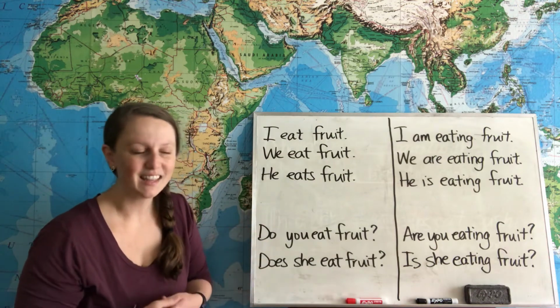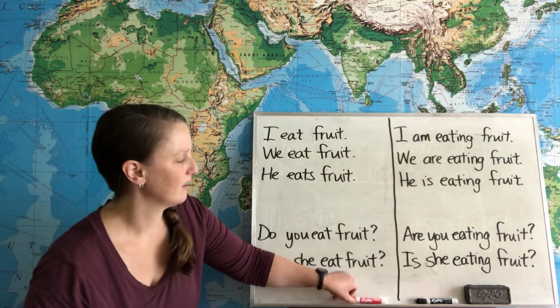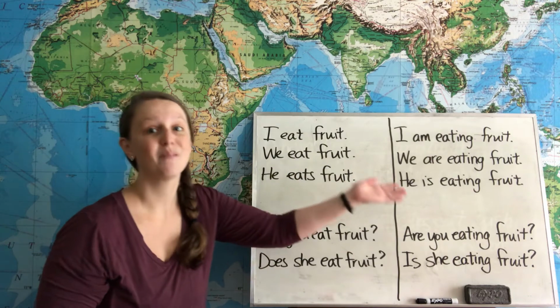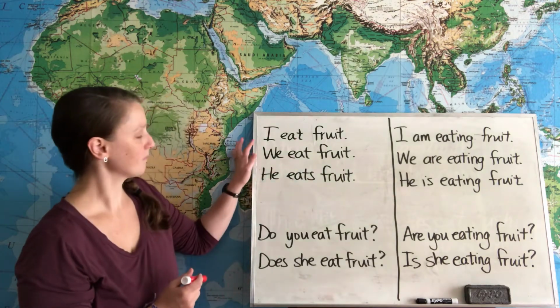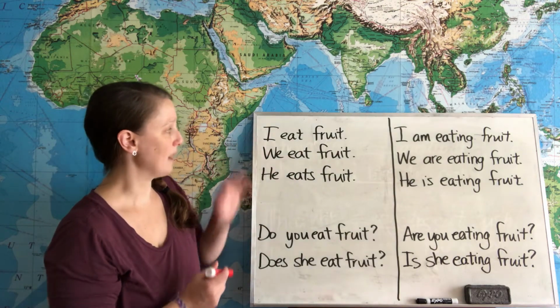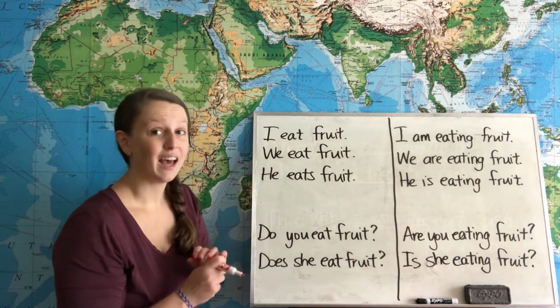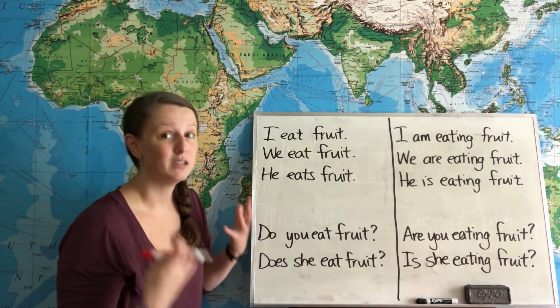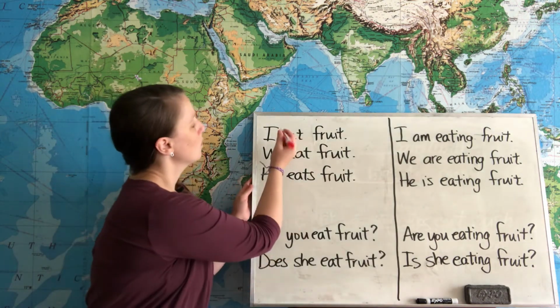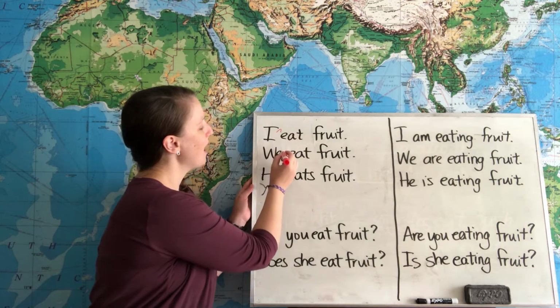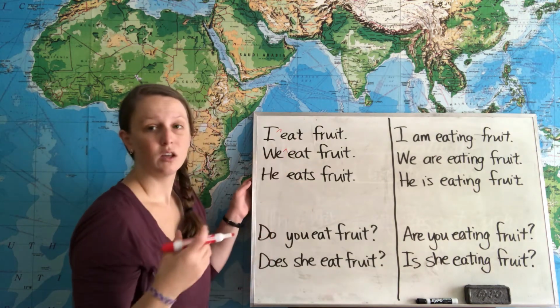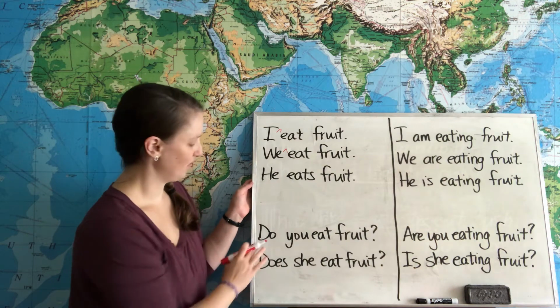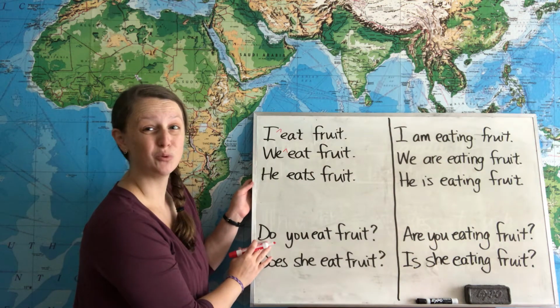And last, let's look at our negative sentences with simple present and present progressive. For simple present, we need to add a helping verb and not. So for I, we, you, and they, we're going to use helping verb do.